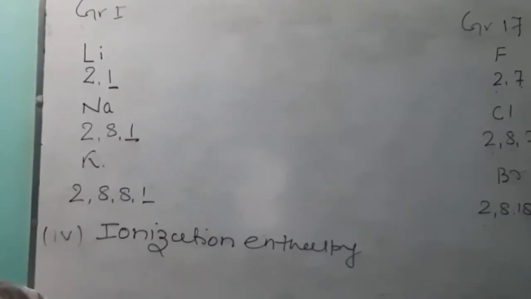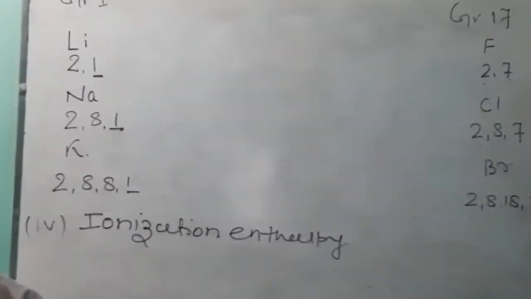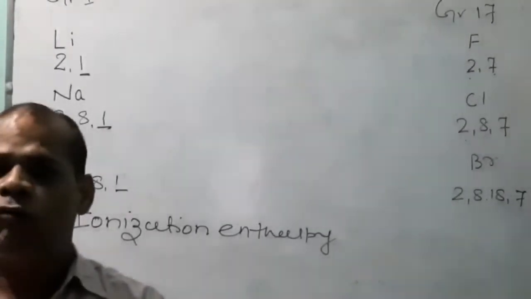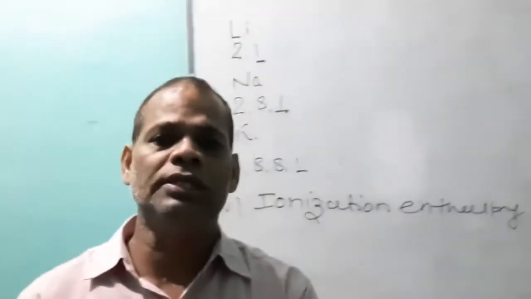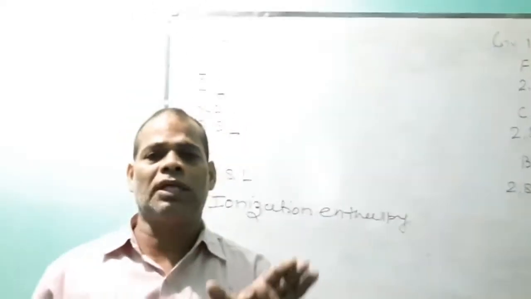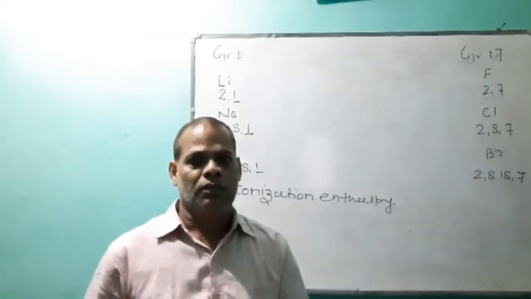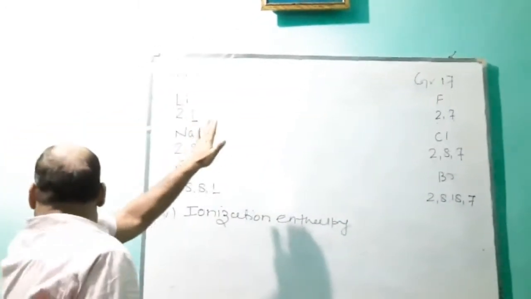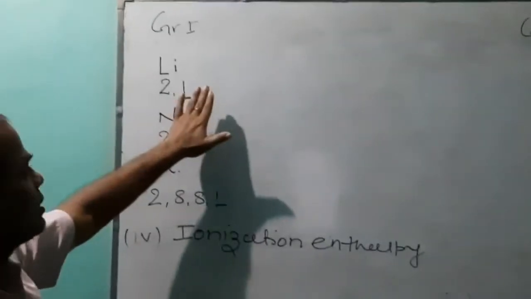So ionization enthalpy, as I said, is the amount of energy required to remove an electron from an isolated gaseous atom. As you know, the metal has a tendency to lose electrons because the valence electron is loosely held by the nucleus, and it depends on the size of an atom. One of the factors on which ionization enthalpy depends is the size of an atom.